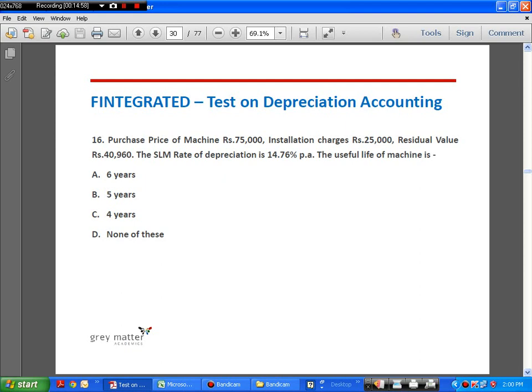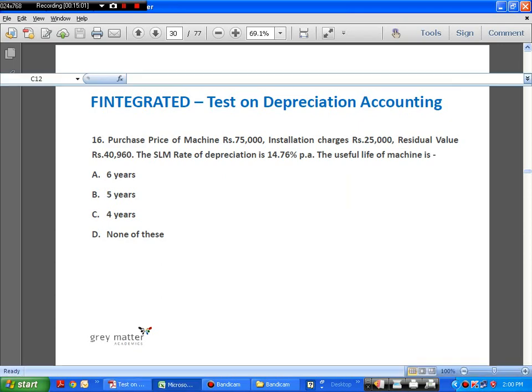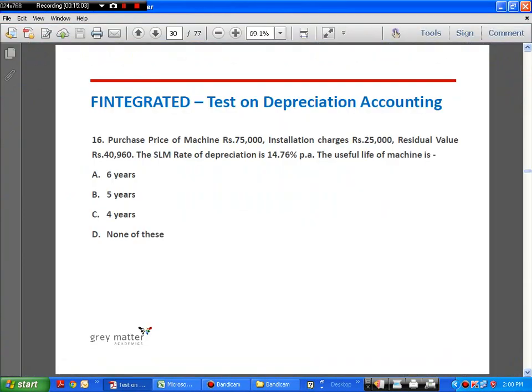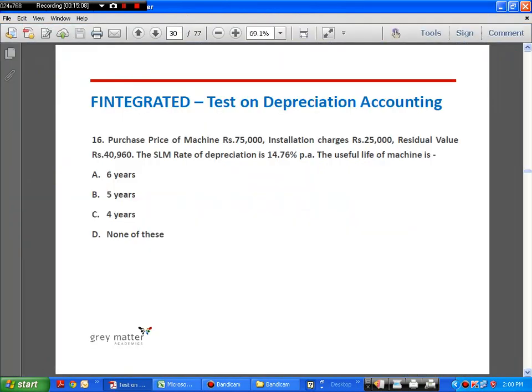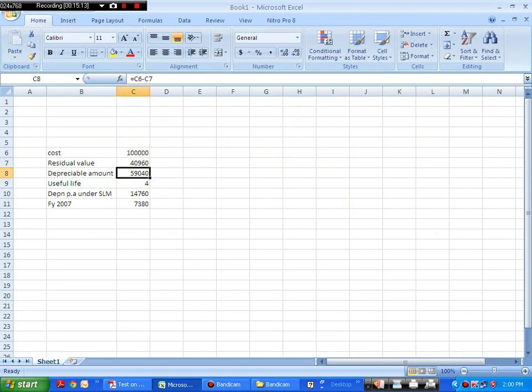Okay, so here we know that the historical cost is 1 lakh, the residual value is 40,960, and the SLM rate of depreciation is 14.76% per annum.